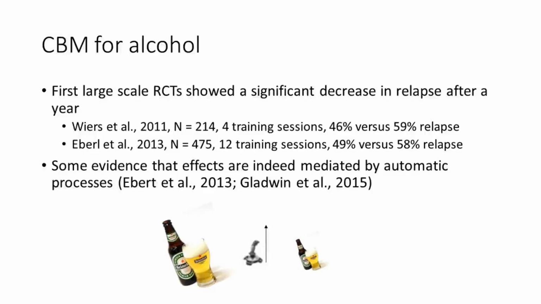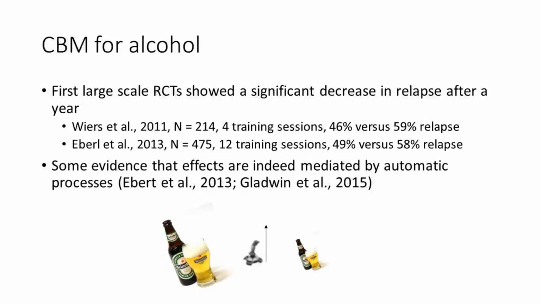So this is work I wasn't involved in initially, but the first randomized controlled trials showed a significant decrease in relapse after a year in the patients who did this training. Right? So these are quite nice well-powered studies, and the relapse goes from roughly 60%, almost 60%, down to between 45 and 50%. So that's a clinically significant decrease as well.